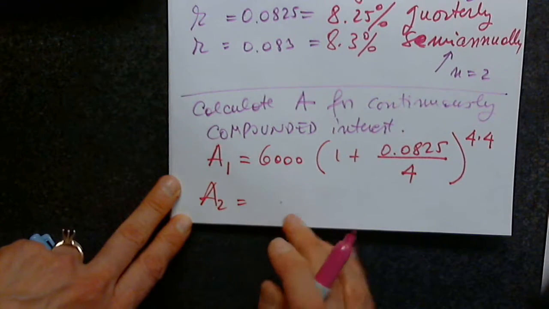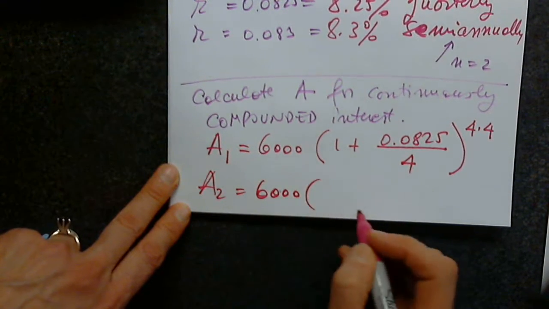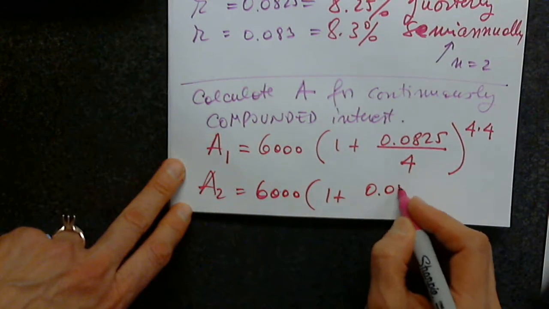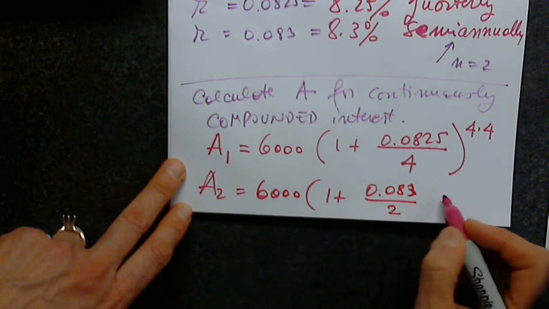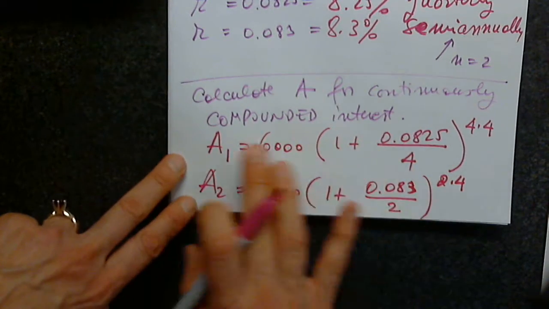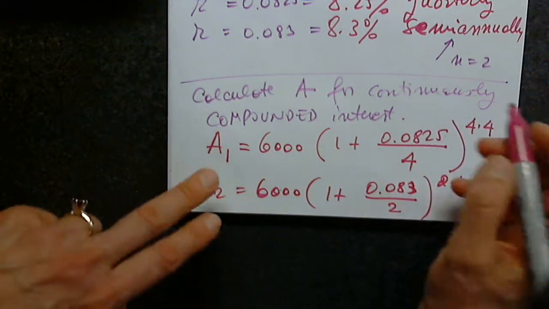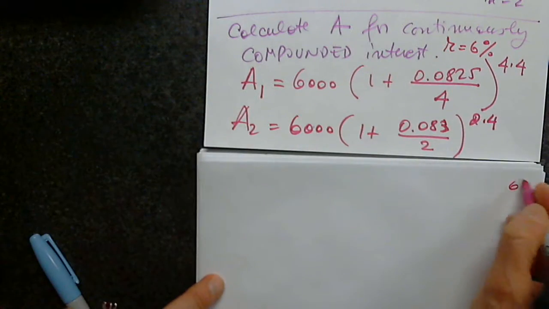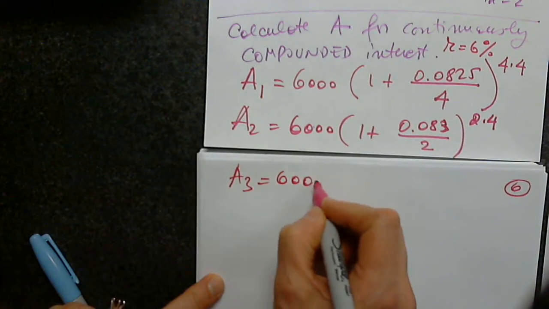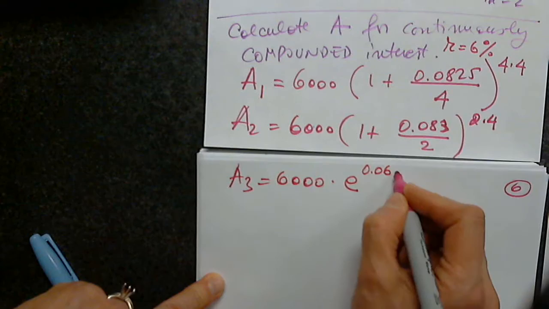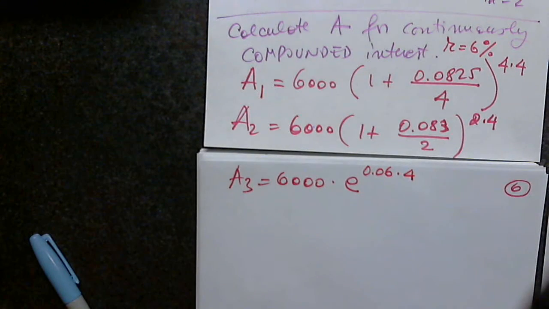And the second, A2, is 6,000 times 1 plus 0.083 divided by 2, everything raised to 2 multiplied by 4. Here, for compound interest continuously, choose a rate. 6%. Okay, so we're going to look at that one. So let's also write A3. A3 equals 6,000 times e to the r t, 0.06, and the time is the same, 4 years.